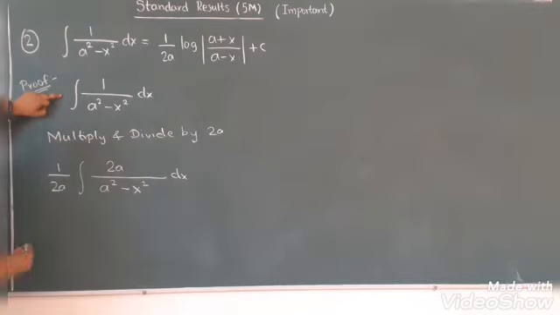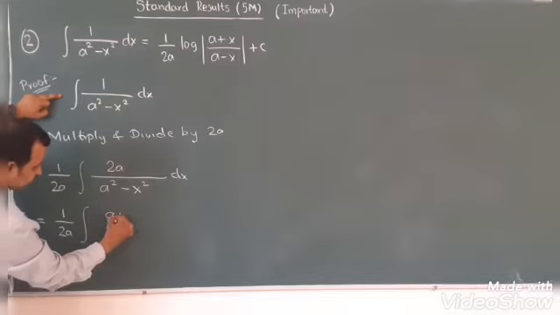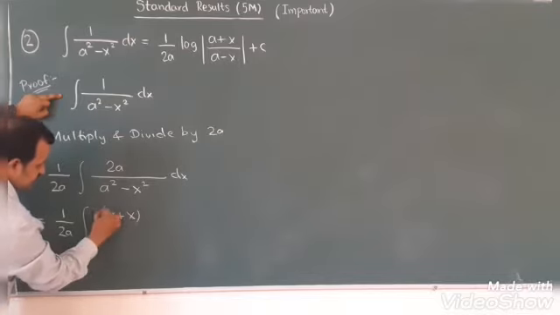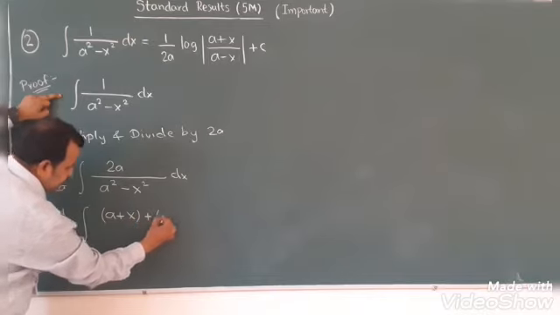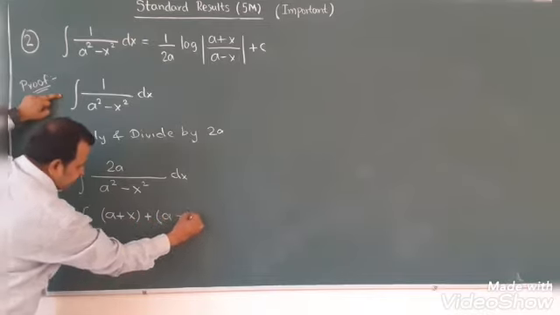Now see here, or this we can write as 1 by 2a into integral of this 2a can be written as a plus x plus a minus x. Can we write or not? Tell me.